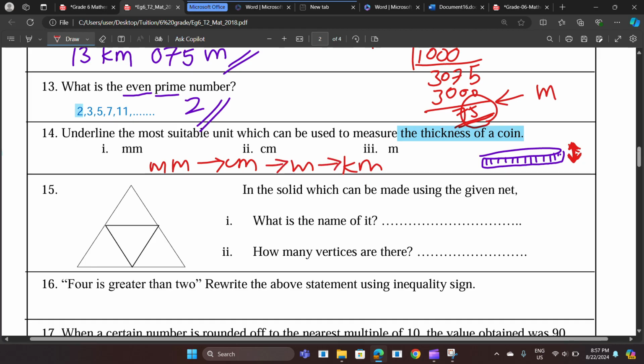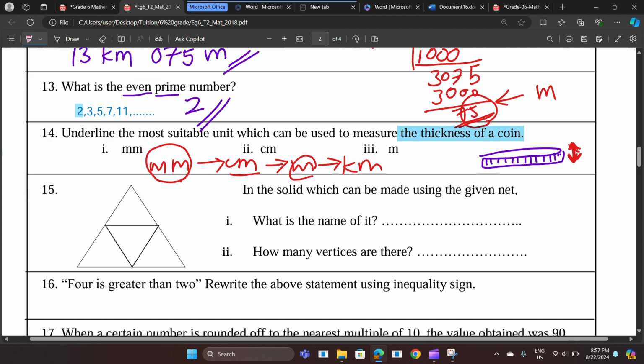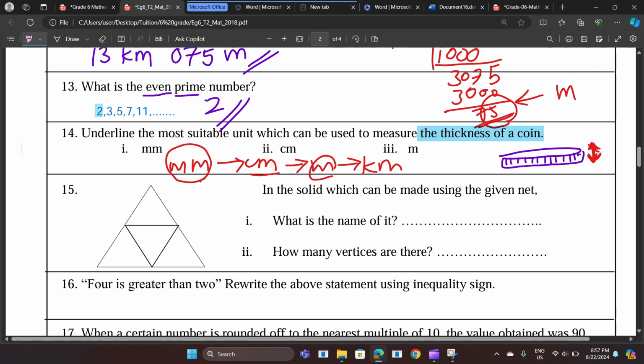Centimeter is greater than millimeter. Meter is greater than centimeter. Kilometer is greater than meter. So the smallest, most appropriate unit for this measurement is millimeter. So the answer is millimeter, the first one.